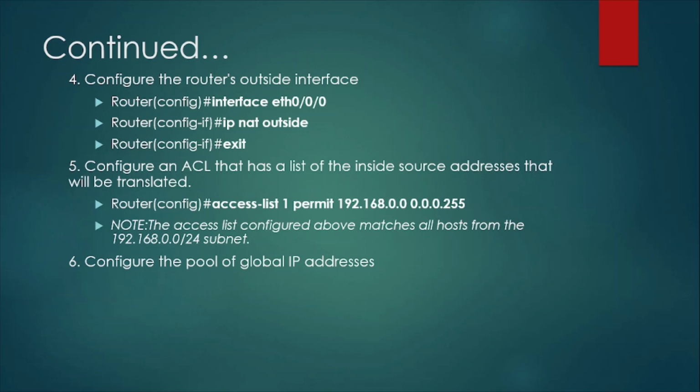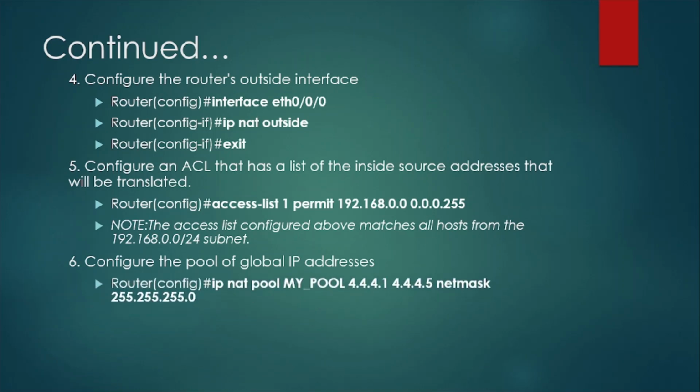So after that, we will configure the pool of global IP addresses. How to make that? Then the IP NAT pool in the configuration mode, my pool, as given above. Of course, in this case it is written for 1, but in our case we will write 10.10.10.1, and the subnet mask.